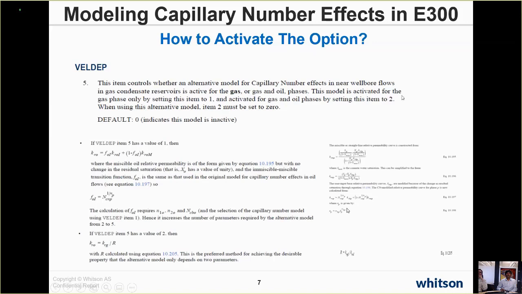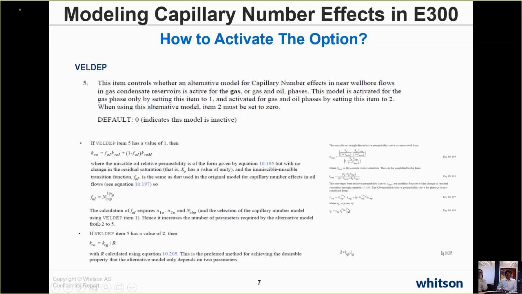This model is activated for the gas phase only by setting 1. If we want to activate it for both oil and gas phases, then we have to write 2. But we have never tried using 1.